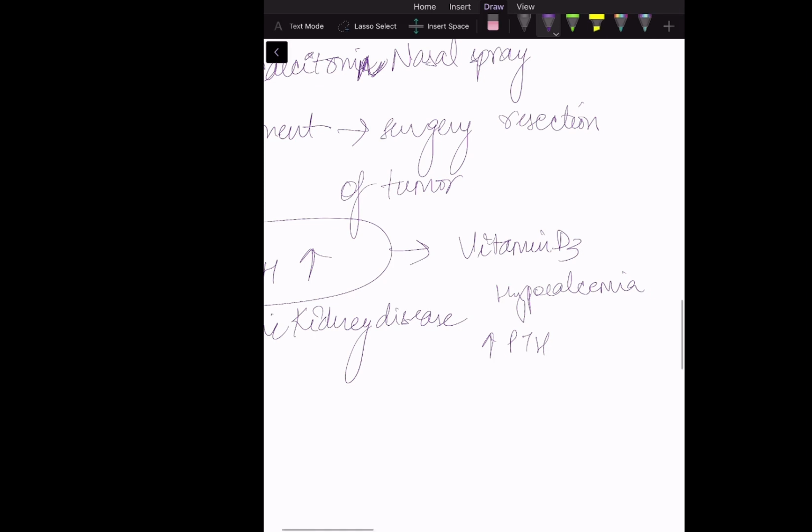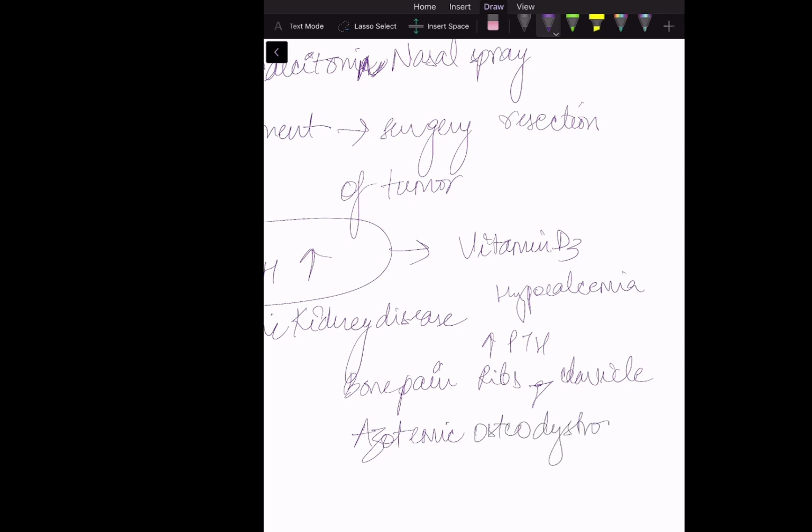There will be bone pain in the ribs and the clavicle area, and we call it renal osteodystrophy.